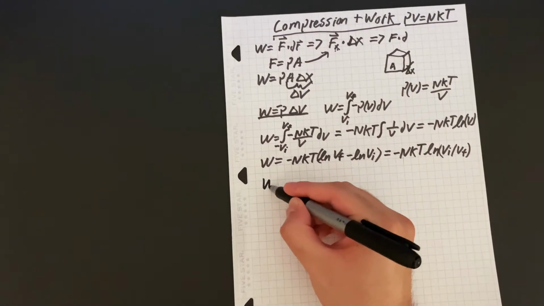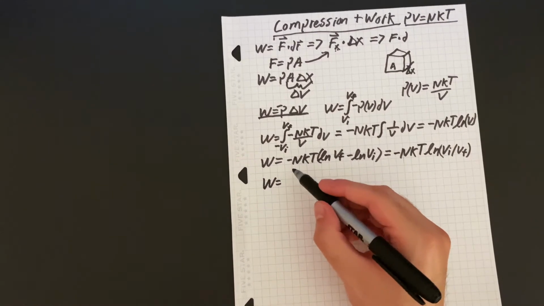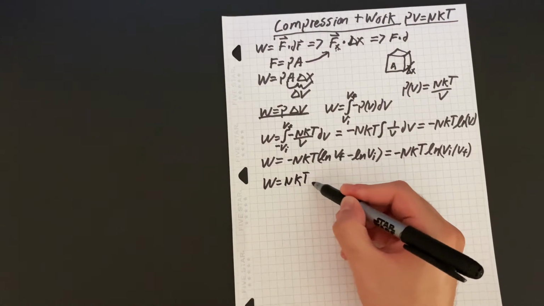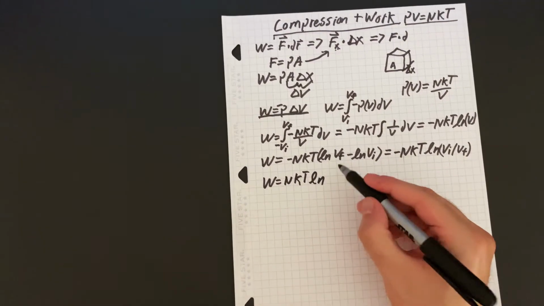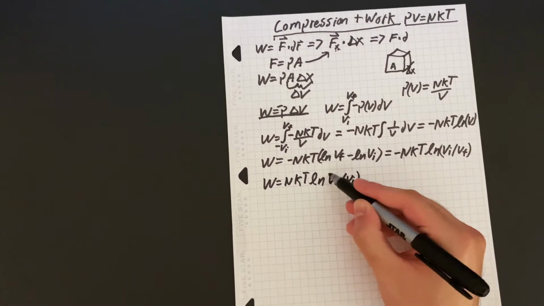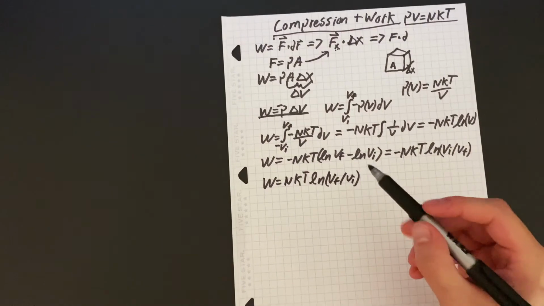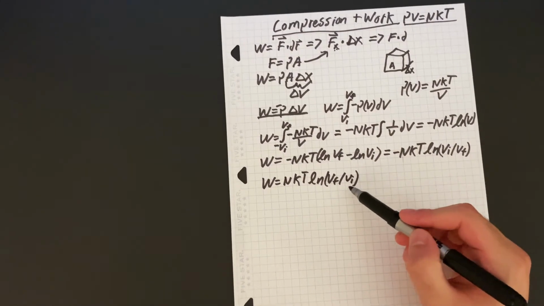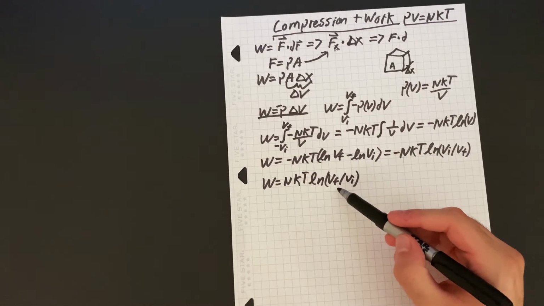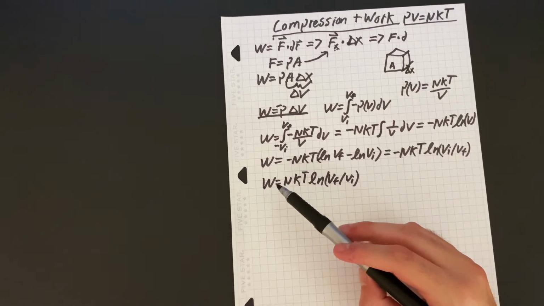So our final equation is going to look like work equals n k t natural log of v final over v initial. And so this is really cool. So now we know, if we know the change in volume, or at least the initial and final volume, and the temperature, we can find the work done to this system.